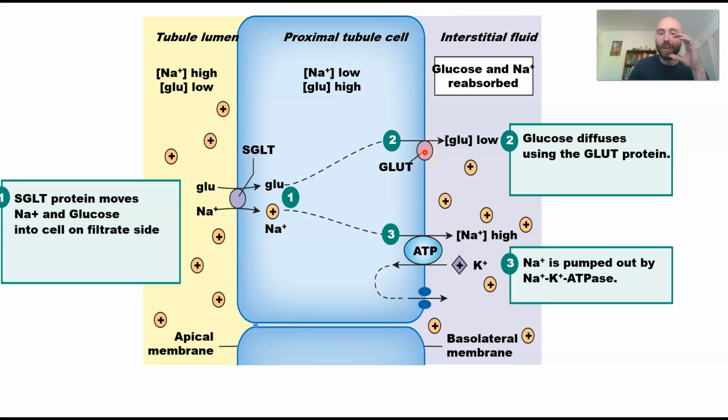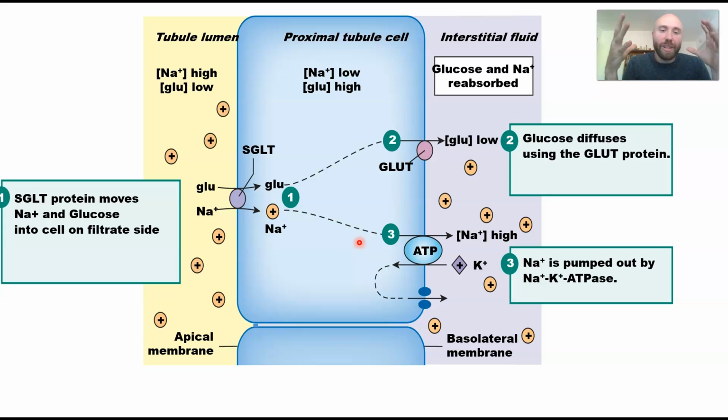Basically just a hole, and since there's high glucose here, low glucose here, glucose goes here, and we've got it back in the blood, and we are happy. So this is the same kind of secondary active transport that we talked about when we were talking about the intestines.